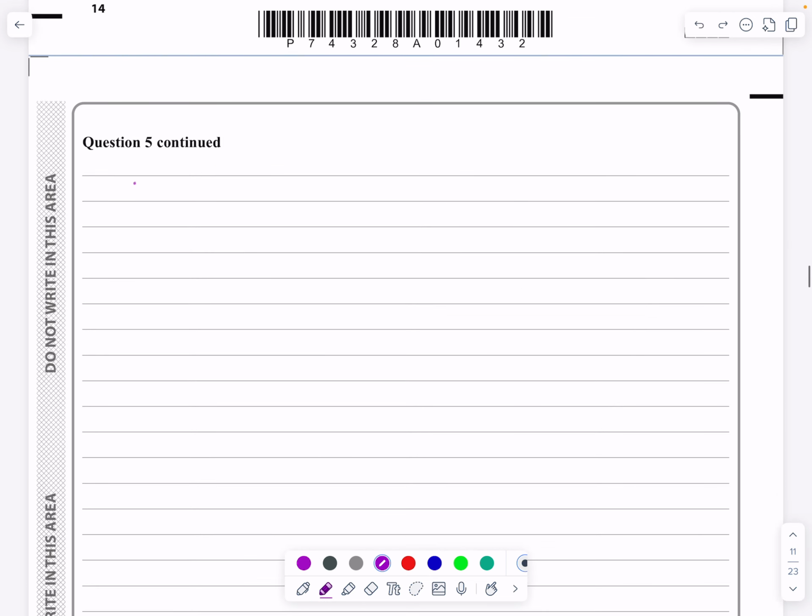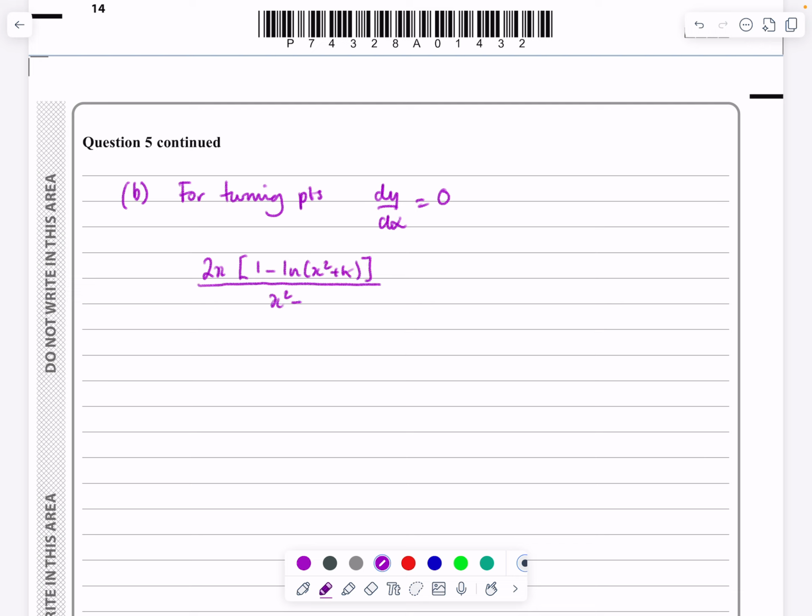So part B, tell the examiner that for turning points, dy by dx equals 0, which means our function's 0: 2x times 1 minus log of x squared plus k, all over x squared plus k squared, is equal to 0. And quite often they ask you for a turning point or a maximum and minimum when we're doing the quotient rule, because I don't need to worry about the denominator there. If I'm solving this, it's just going to be the numerator equals 0.